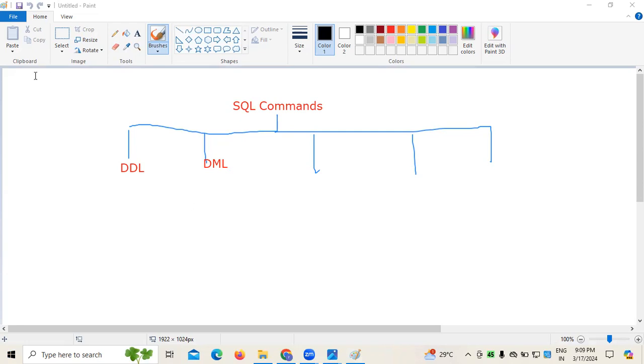The third command is called DCL. The fourth command is called TCL. And the fifth one is called DQL.